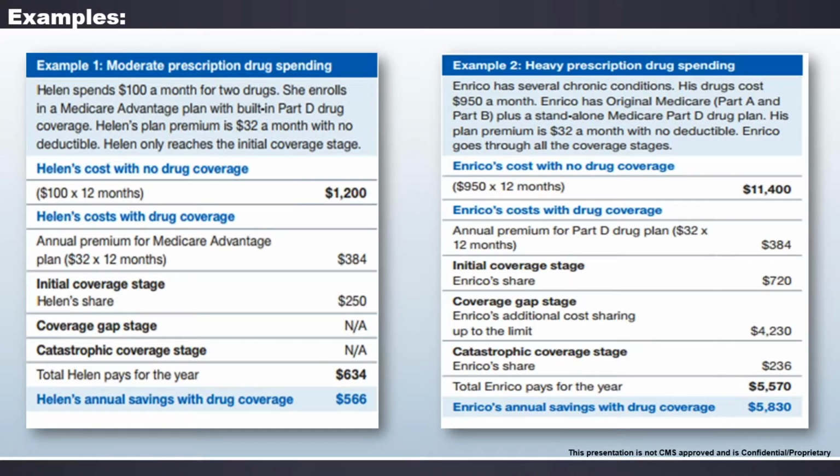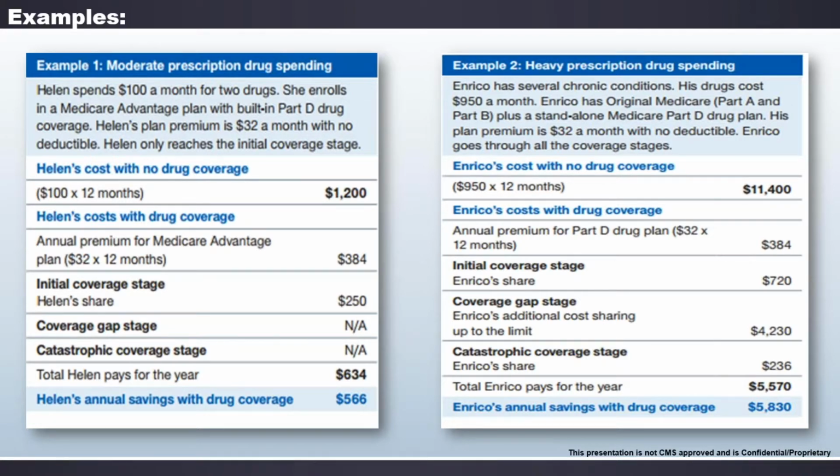Enrico goes through all the coverage stages. So he has that $950 a month for his drug costs times 12, which is $11,400 for the year. With drug coverage, he would have the annual premium for Part D at $32 times 12 months, which is $384.